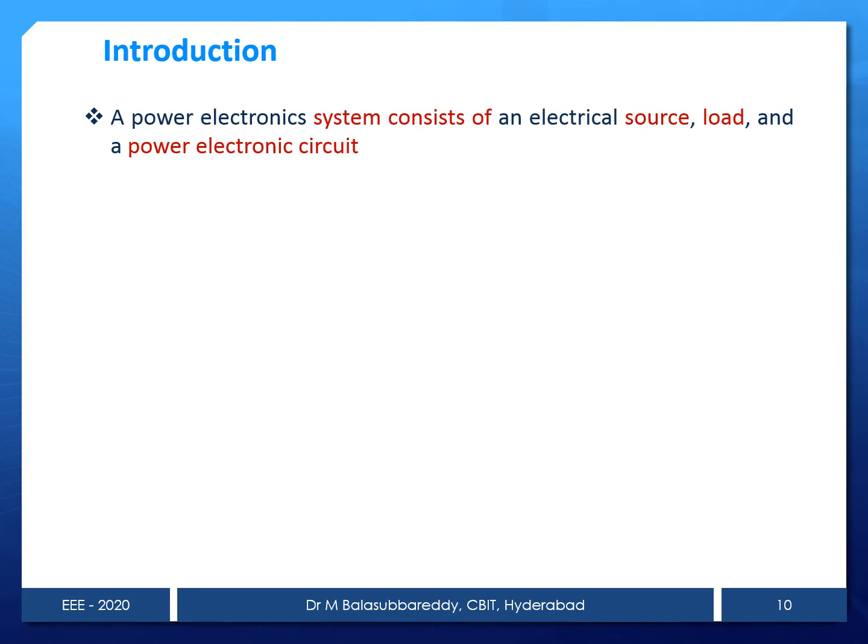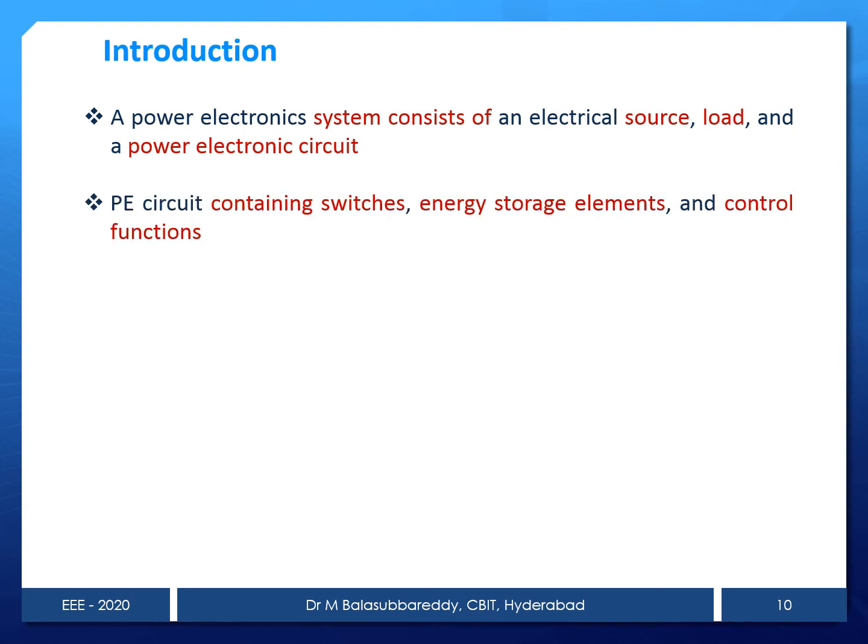That power electronic circuit may consist of any of the controllers, depending upon our requirement. It will be there in between the source and the load. Based on the requirement of the load, this controller will act and meet your demands.